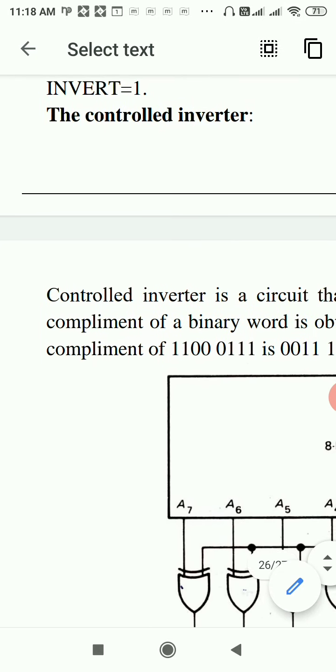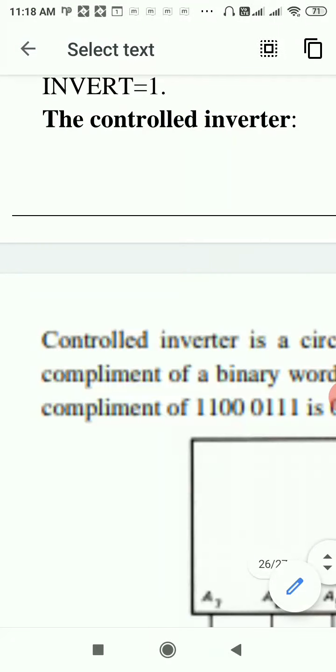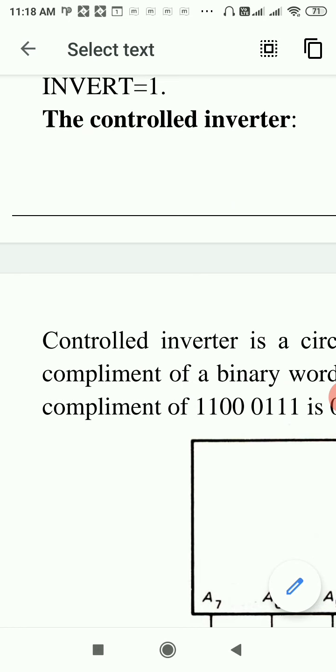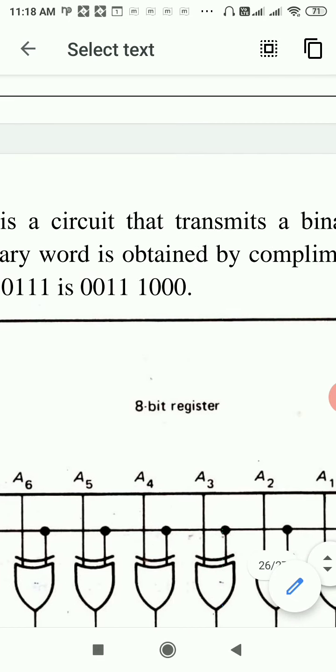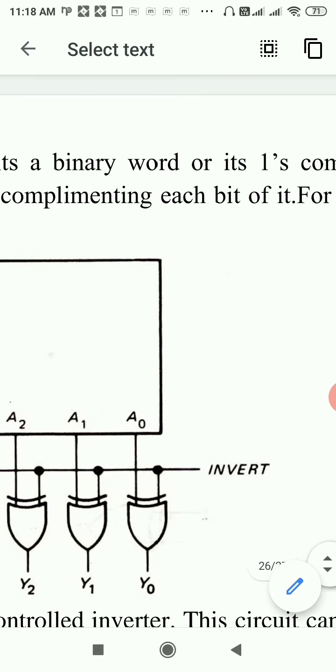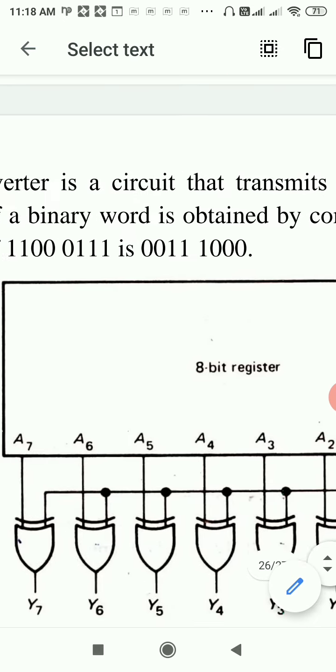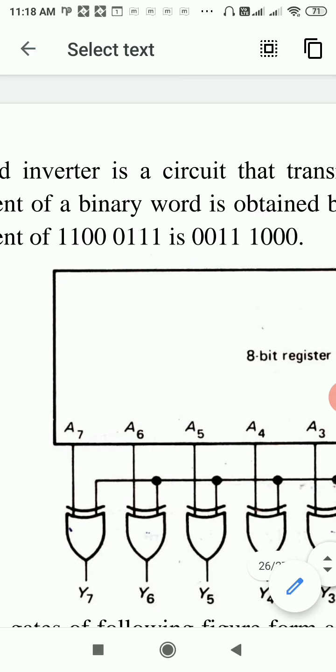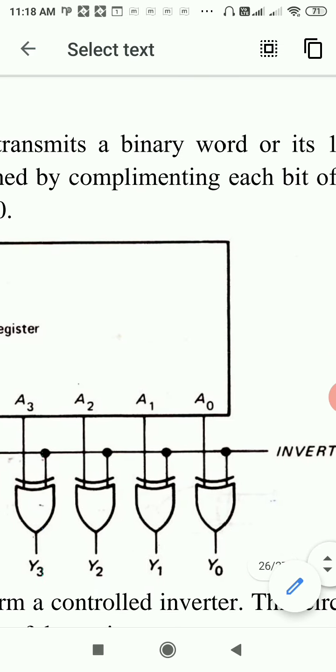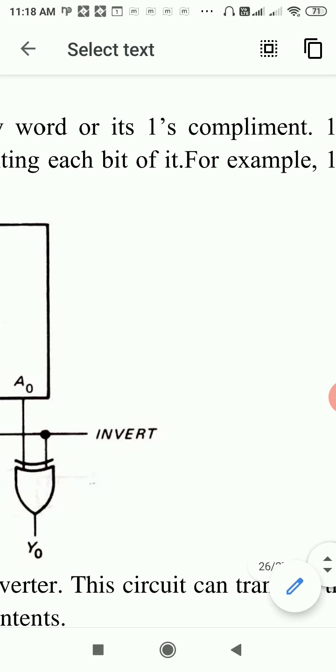Now we see what is the controlled inverter. Controlled inverter is a circuit that transmits a binary word or its ones complement. Ones complement of a binary word is obtained by complementing each bit of it.